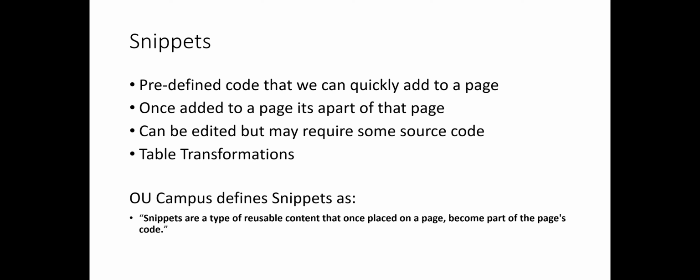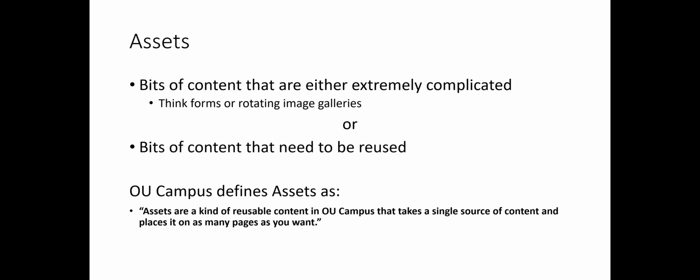We'll look at why you might use a table transformation snippet over a component as we get into building some of these things. OU Campus defines snippets as a type of reusable content that once placed on a page become a part of that page's code. So again, it's something that's already written that makes it easier for us to create pages and elements on pages.